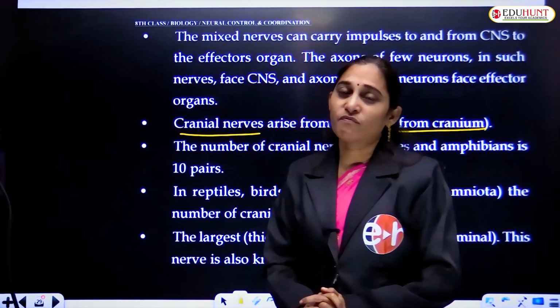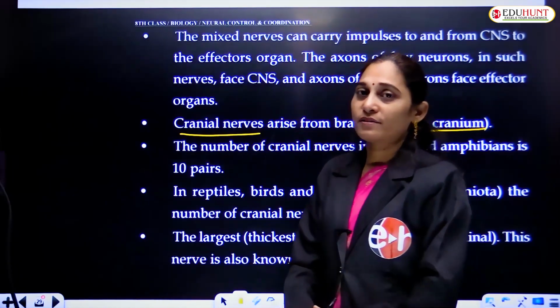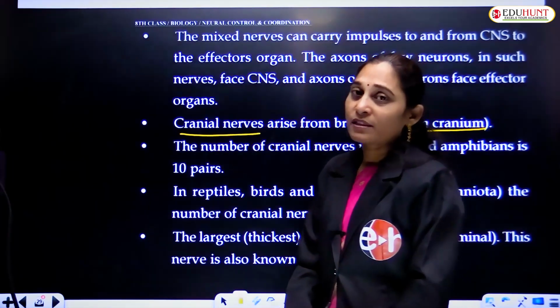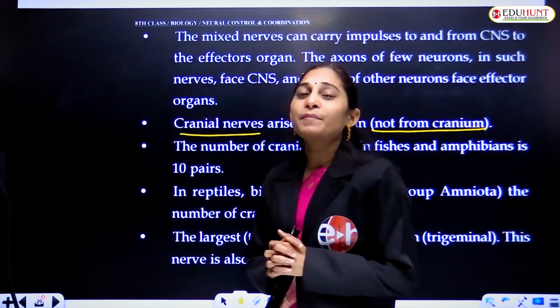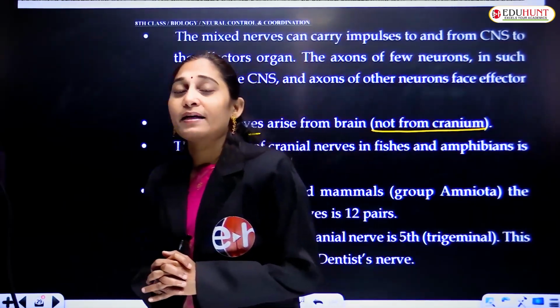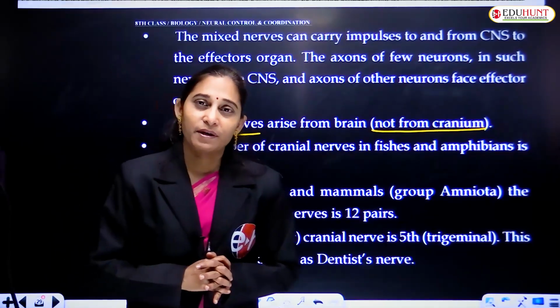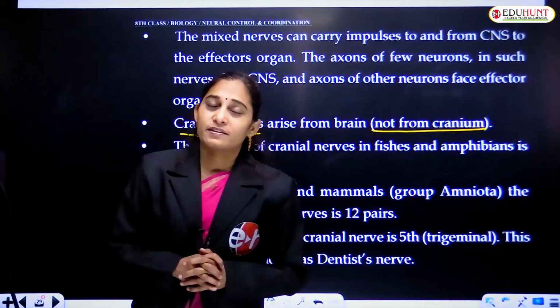For example, fish and amphibians. But in reptiles, aves and mammals, the amnion, an extra embryonic membrane, is present.